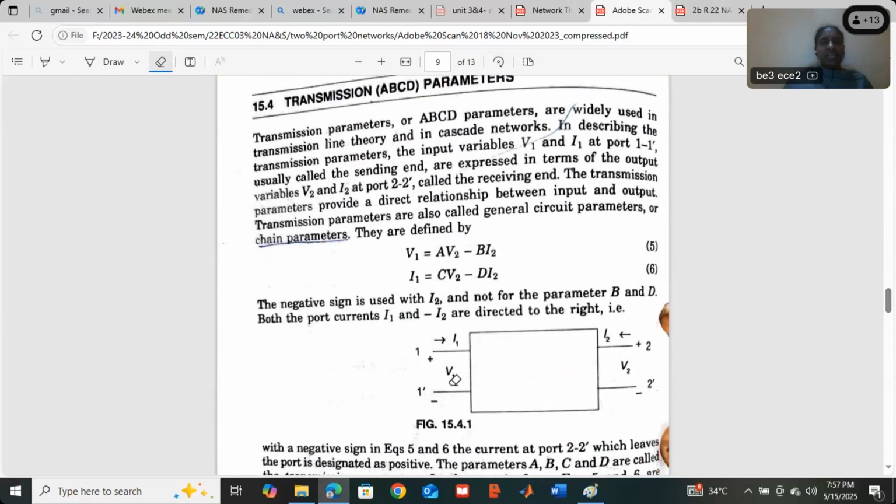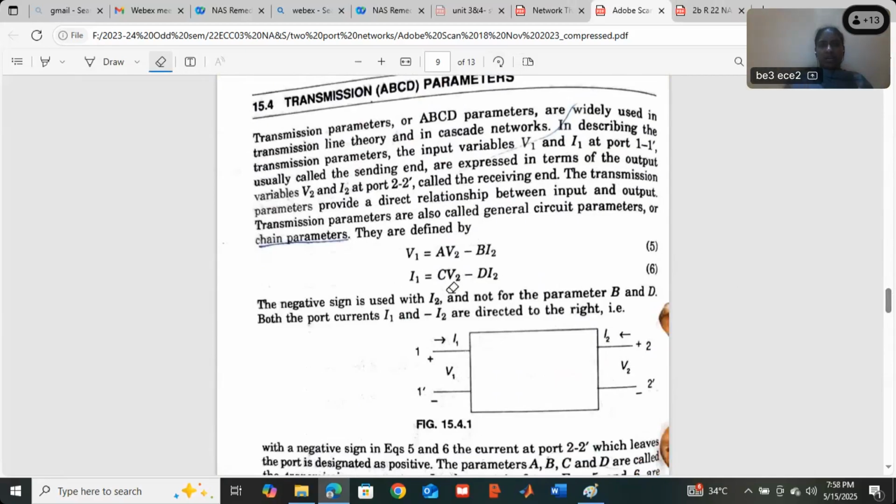Again, input side V1, I1, output side V2, I2 only. For all four parameters, the input side is V1, I1 only and the output side is V2, I2 only. But the equations will differ. How to write the equations? From the matrix form, row into column, you write down, and these equations will come. If any parameters are asked for a two-port network, write that complete table.